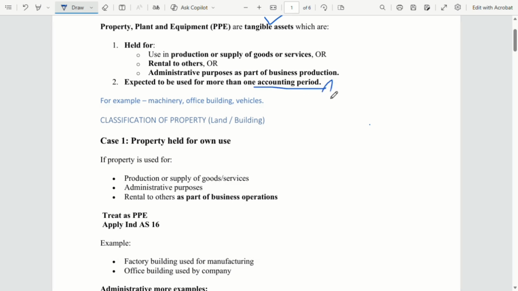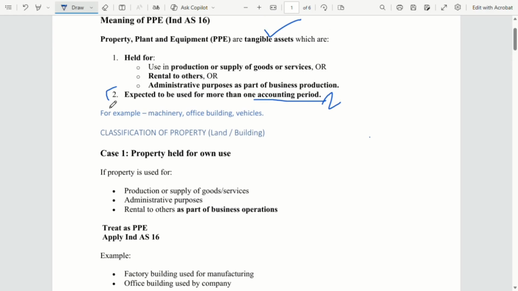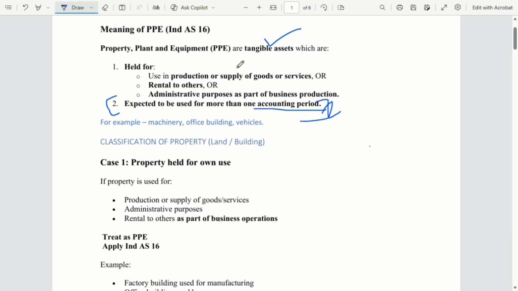So in a recent attempt, ICAI has asked a question on the basis of this condition. Usually we ignore this condition and we don't keep this in mind, and suddenly a question comes. So this is also important, each and every line is important to remember.